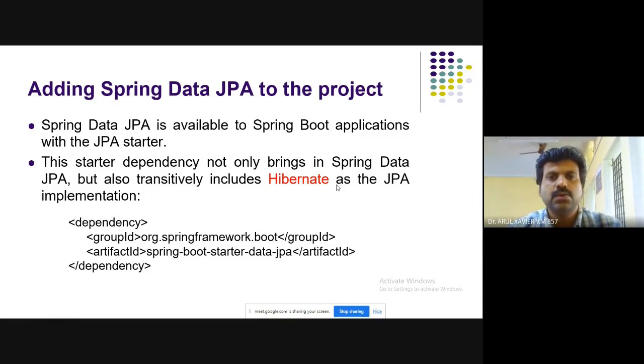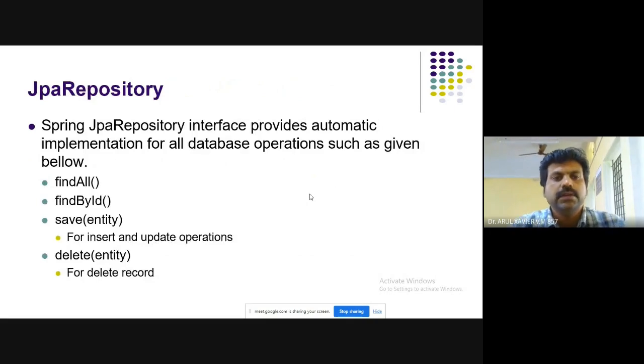How it stores the data and how it retrieves the data, all the implementation is done by this Hibernate tool. So to include this Hibernate tool, we have to include the Spring Boot Starter Data JPA dependency. By using this, we get the Hibernate functionality so that we can map a Java object with a relational table.